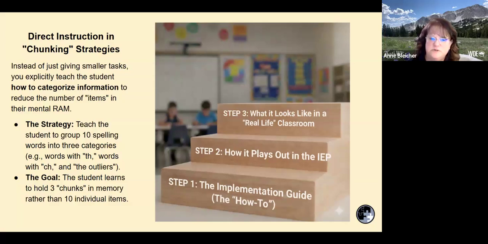So words that have TH, words that have CH, and then any outlier words. And so what we're teaching them to do is to hold 3 chunks in their memory rather than 10 individual items. And in this particular strategy, it really requires explicit modeling and guided practice. And so we start with I do, and then we do, and then you do, kind of a format.